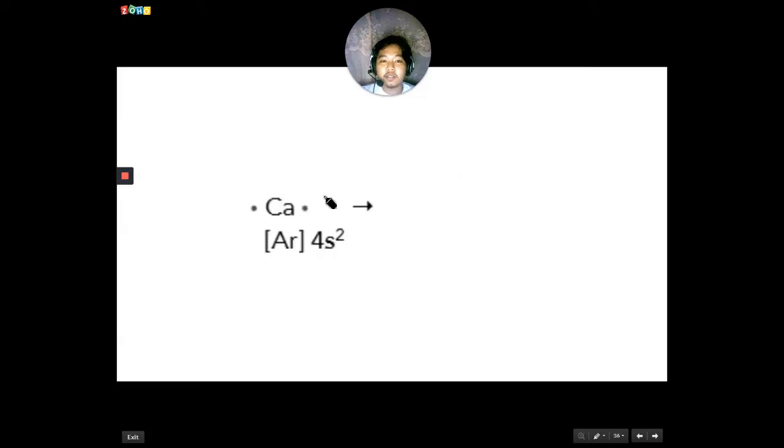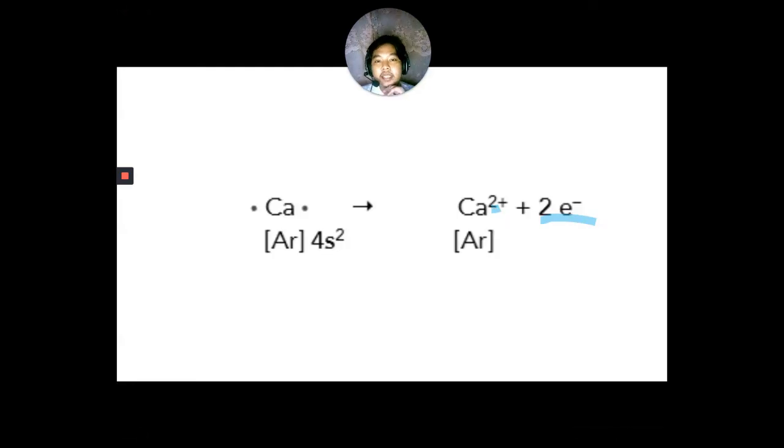For now, I want you to focus first on the process of forming ions. So, calcium has 2 valence electrons. So, it becomes Ca2 positive because it released 2 electrons. Hopefully, that makes sense. So, its upper right corner, its exponent, its superscript is 2 positive.